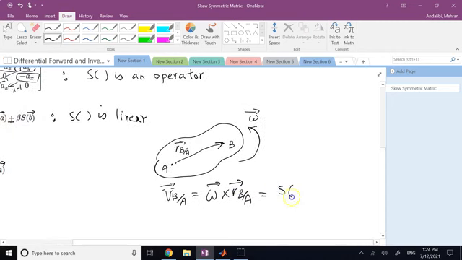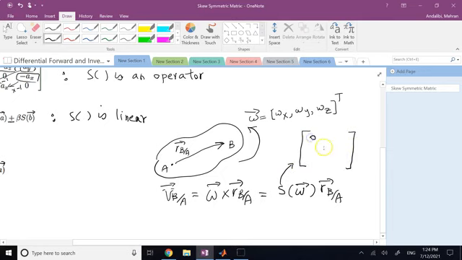So I can write it as S of omega times R of B with respect to A. And this omega in general can have omega X, omega Y, and omega Z. If it has all three components, then this matrix is going to be 3 zeros on the diagonal, negative omega Z, omega Y, negative omega X, and then positive omega X, positive omega Z, and negative omega Y. If you multiply that by this R vector, which has three components X, Y, and Z, you will get the exact same thing as the cross product.